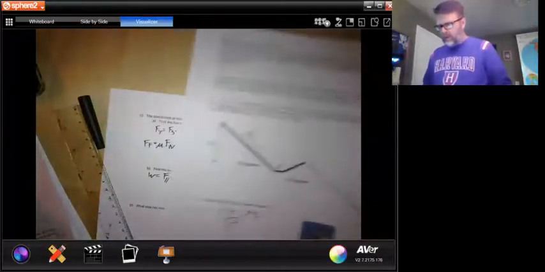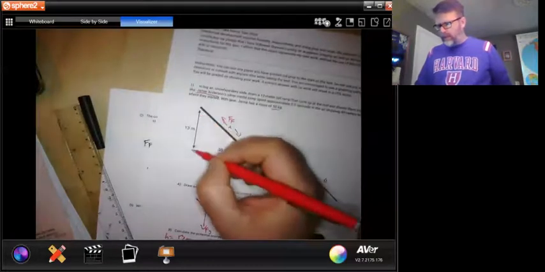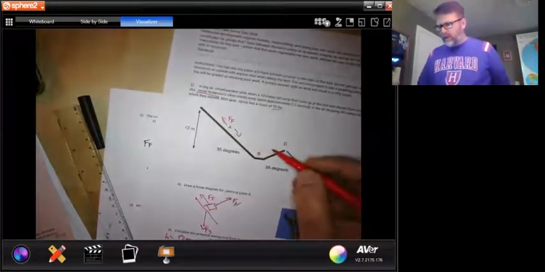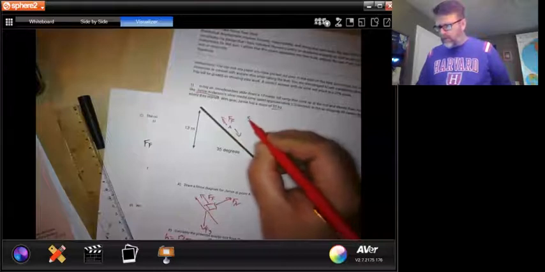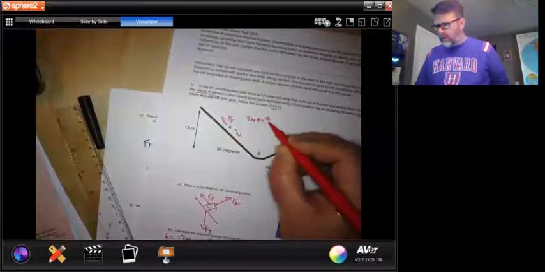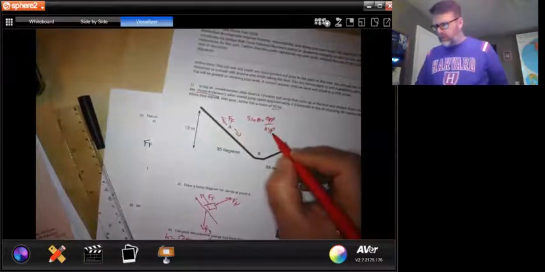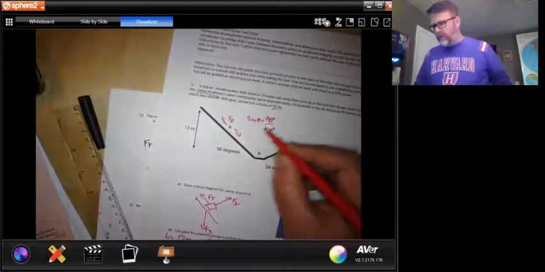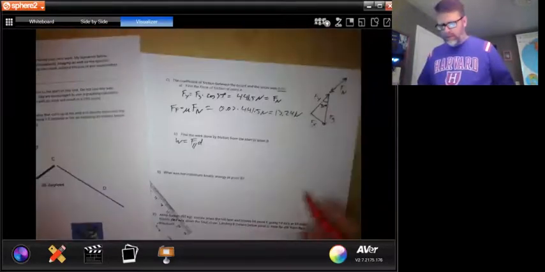If we have our 35 degrees and our 13, remember sine of theta equals opposite over hypotenuse. I'm asking for your hypotenuse, so we're going to work that backwards.